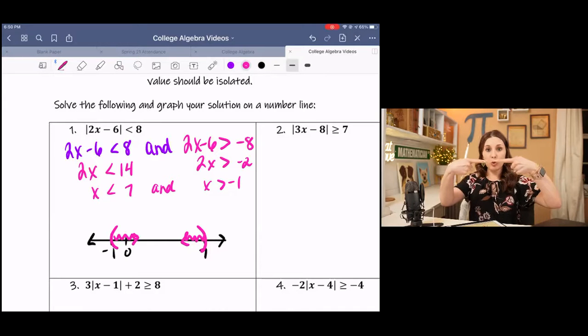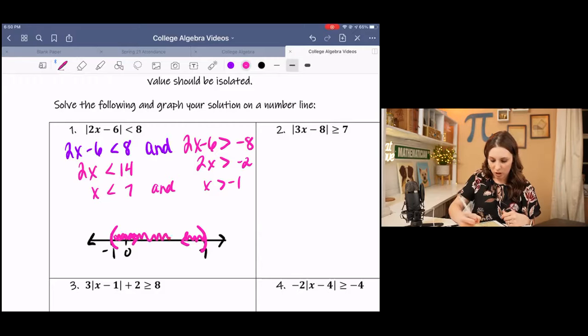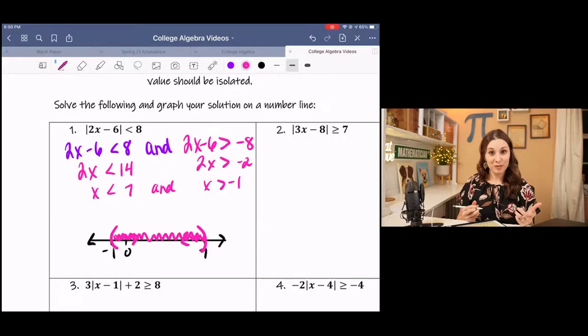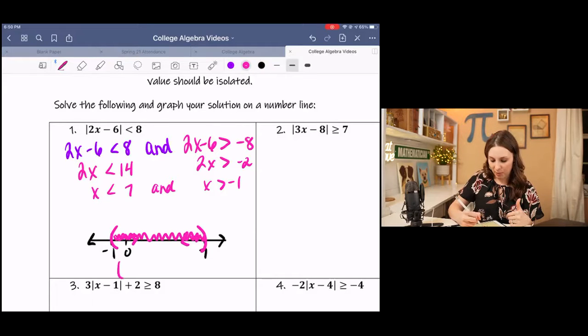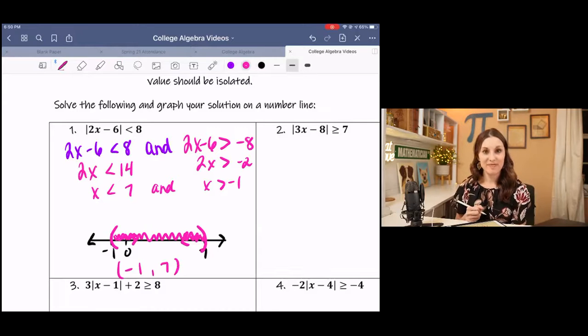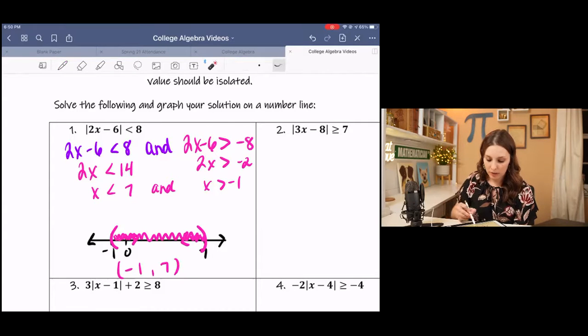Those two arrows are pointing in the same direction, so their intersection is in the middle. And so we would write that parentheses -1 to 7 parentheses. And that's your answer. So all of these values in here, not including -1 and 7, satisfy this inequality. And so you could pick any number in that range, plug it in, and it would be a true statement.